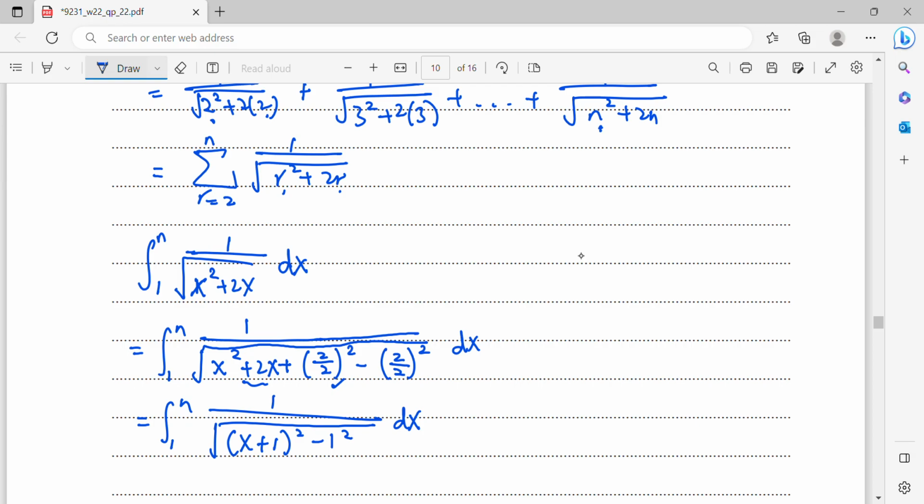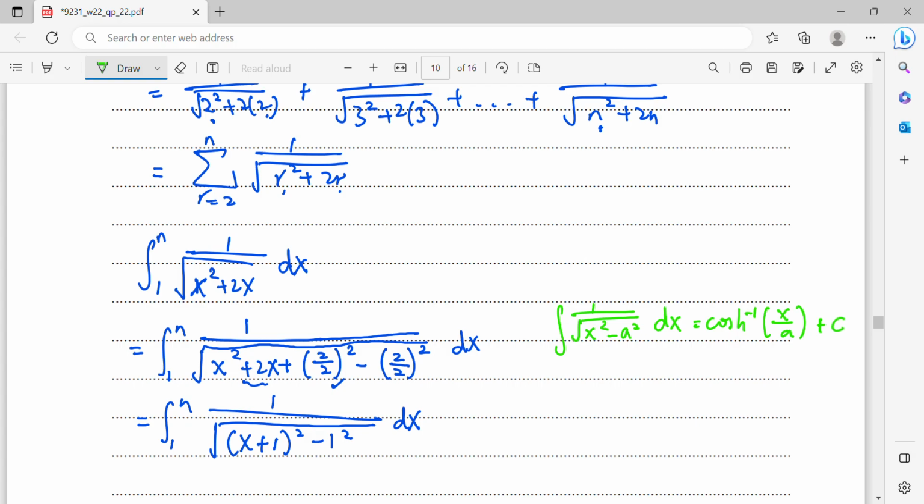Now, by referring to the formula list, you were given this formula: integrate 1 over square root of x squared minus a squared dx. It will be arccosh of x over a plus c.